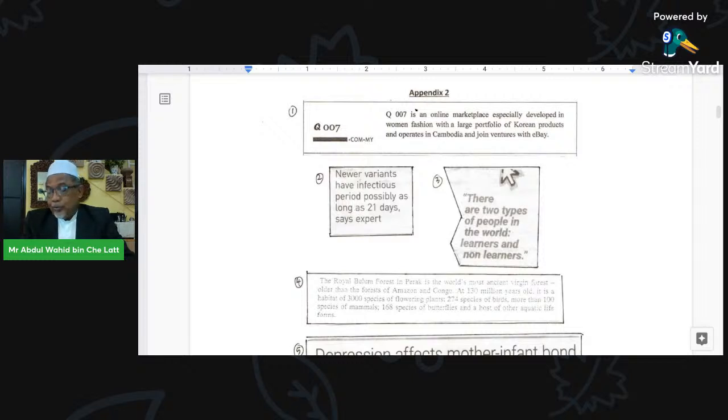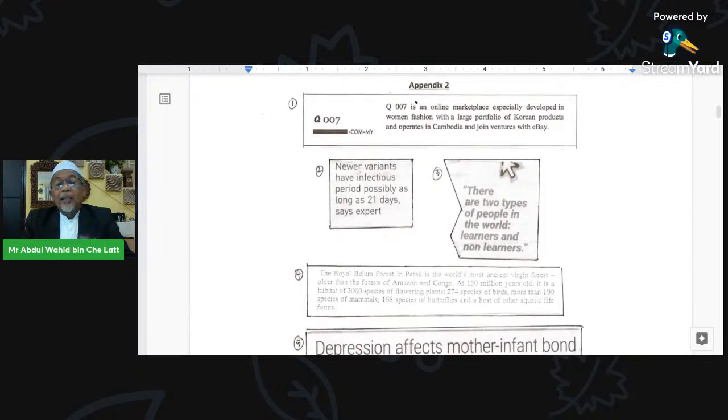Extract number 2. Newer variants have infectious period possibly as long as 21 days, says expert. Look at the words have and says. They both are stative verbs in simple present, and the whole message is a fact.